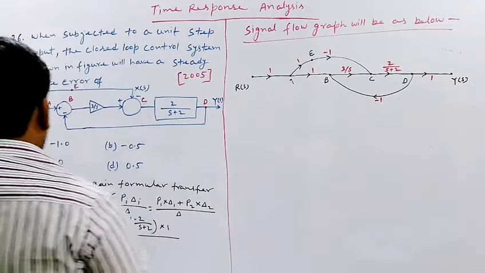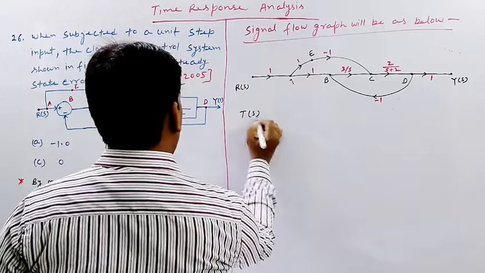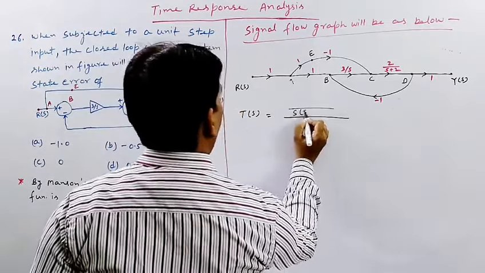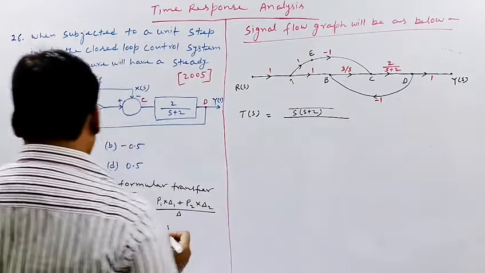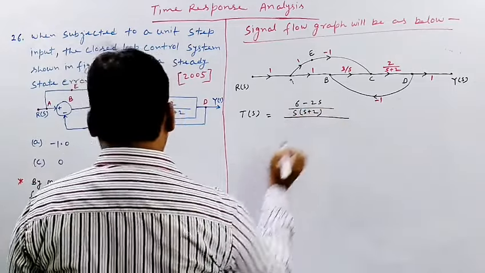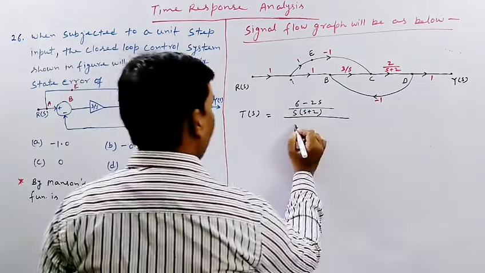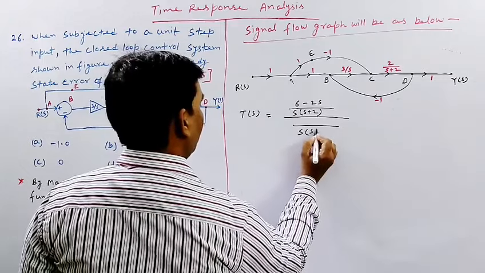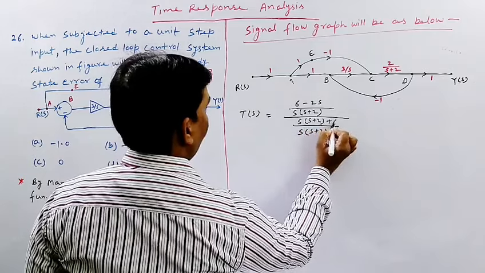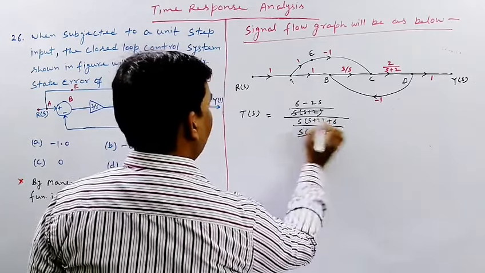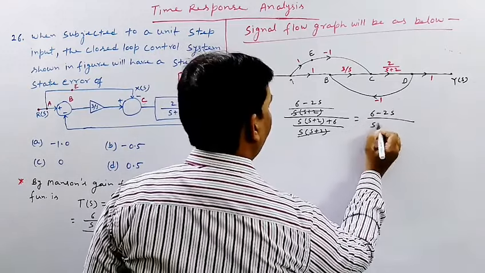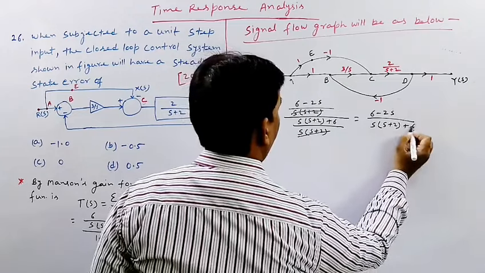T(s) will be, if we take S into S plus 2 as LCM, 6 minus 2 multiplied by S divided by S into S plus 2, here S into S plus 2 plus 6. So these two terms will cancel out each other. So now we are left with 6 minus 2s divided by S into S plus 2 plus 6.